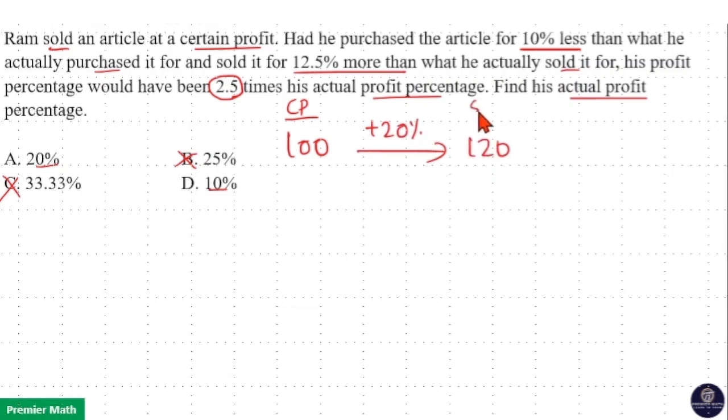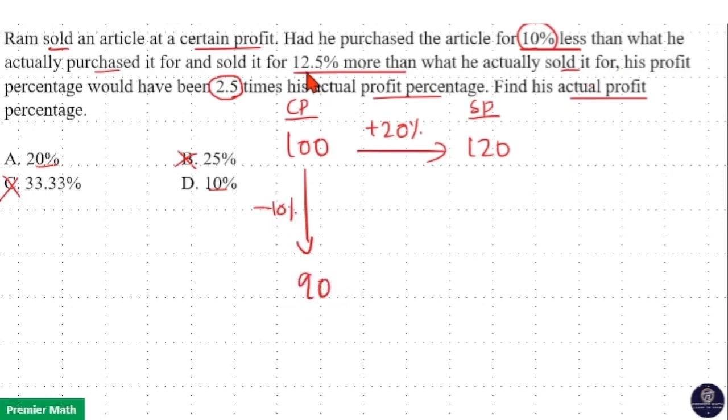That means the sell price is equal to 120. And the question says, if Ram purchased the article for 10% less than the actual cost. Here the actual cost is 100 rupees. 10% less means he should purchase it for 90 rupees.